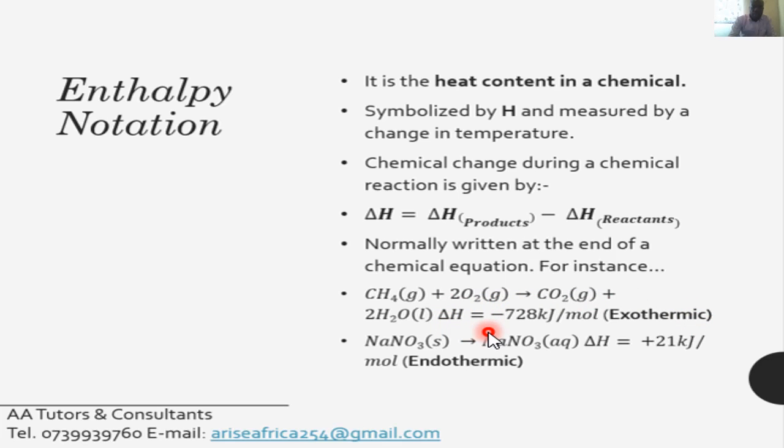If you look at this reaction here, methane gas combines with excess oxygen to give us carbon 4 oxide as one of the products, and water. Carbon 4 oxide and water are the products, while methane gas and oxygen gas are the reactants. But you can see the enthalpy change, or the energy change, is negative 728 kilojoules per mole.